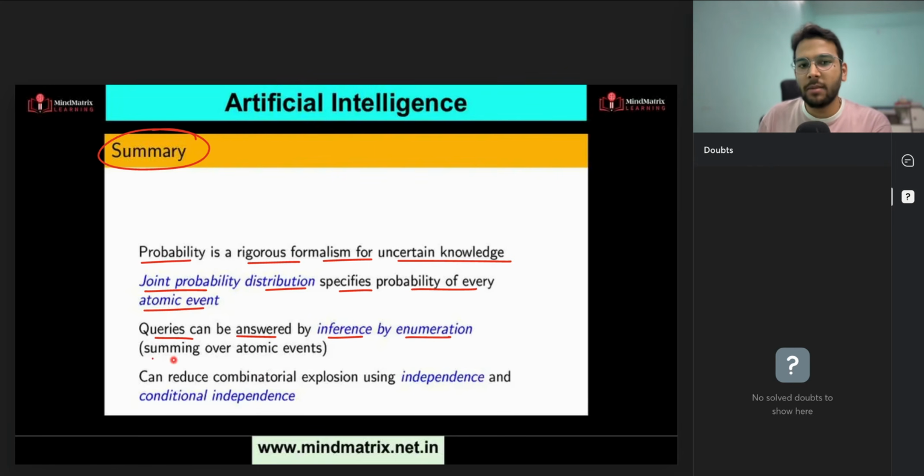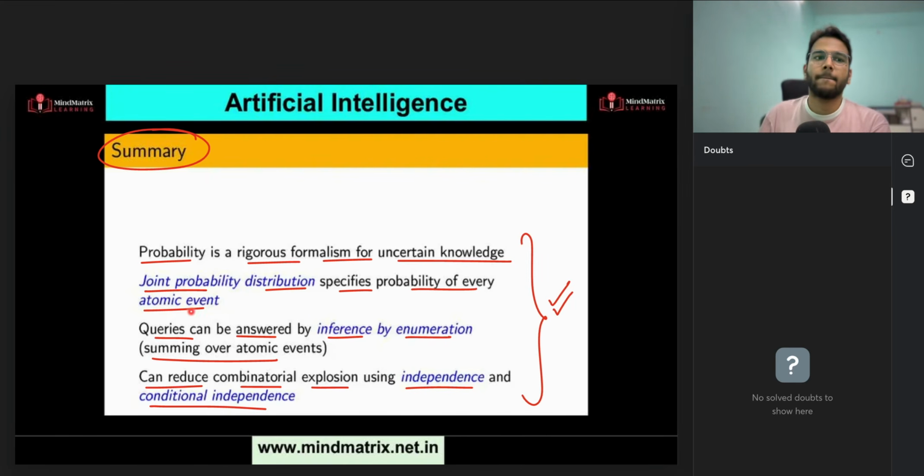That means summing over atomic events; through that entire distribution, you can answer any question. And you can reduce combinatorial explosion, that means the exponential time or space you are taking, by using independence and conditional independence. This is the summary of today's lecture. Is it clear?